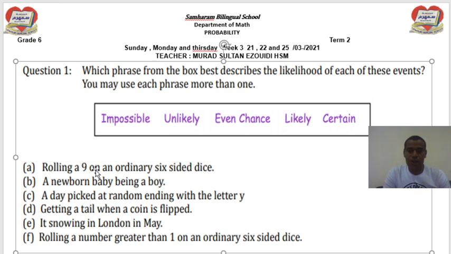The probability of getting a 9 when you throw a 6-sided dice will be 0.